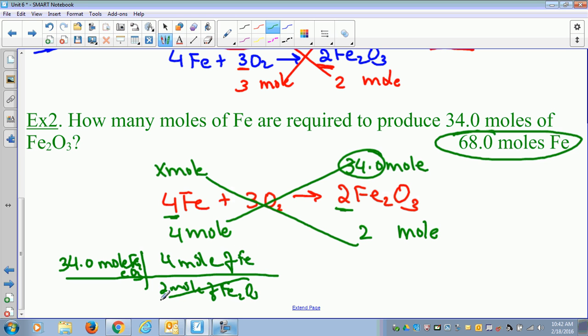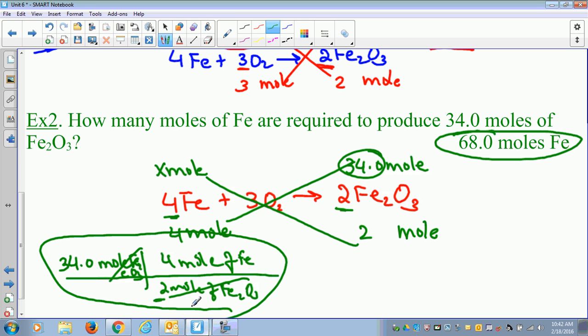So moles of Fe2O3 get cancelled, you multiply, cross, and divide. This is the dimensional analysis that we have been learning all this time. But when it comes to stoichiometry, it becomes harder because sometimes you have to keep doing this and it becomes a long question. So I taught you the easiest way possible.